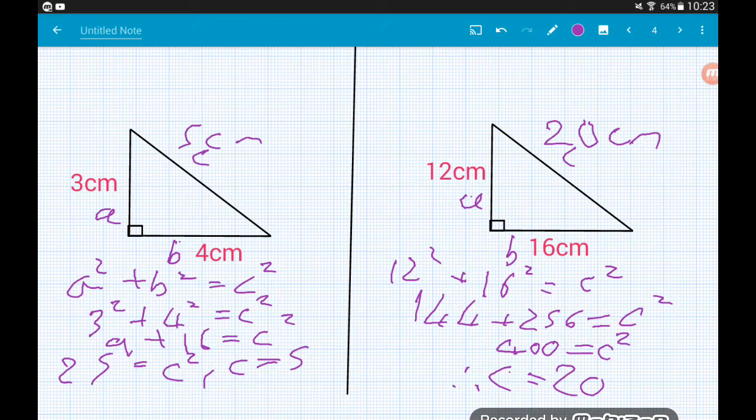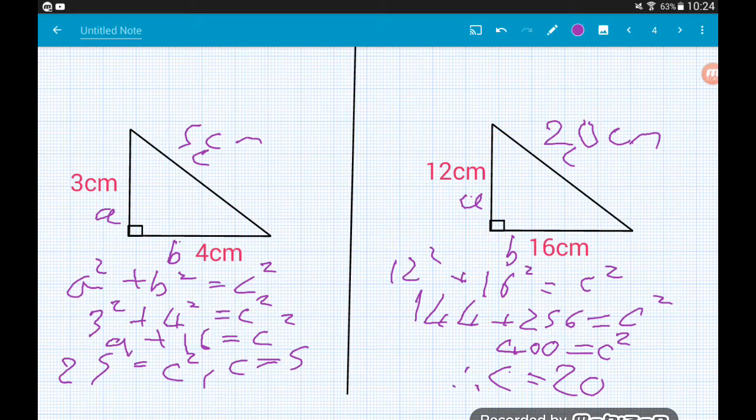Now you're probably noticing that with both of those examples, our answers have worked out nicely. We've got nice whole integer solutions, and we didn't really need a calculator, although square rooting 400 might have been a bit tricky, but we could do that without a calculator. When you get a set of three numbers that work out nicely like that, so A squared plus B squared does equal C squared, where A, B and C are whole numbers, these are called Pythagorean triples.